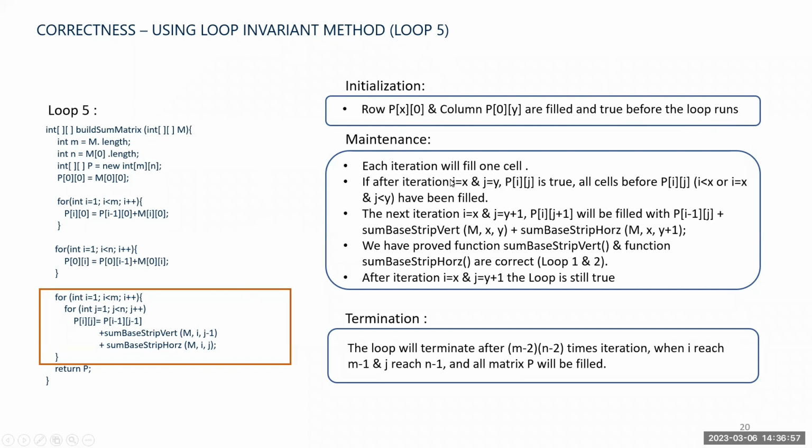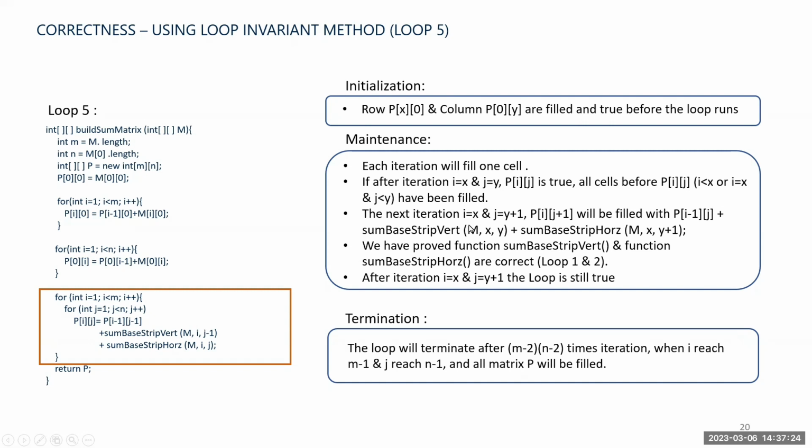Maintenance: each iteration will fill one cell. If after the iteration where i equals x and j equals y, Pij is true, and all cells before Pij, which means i less than x, or i equals x and j less than y, have been filled.